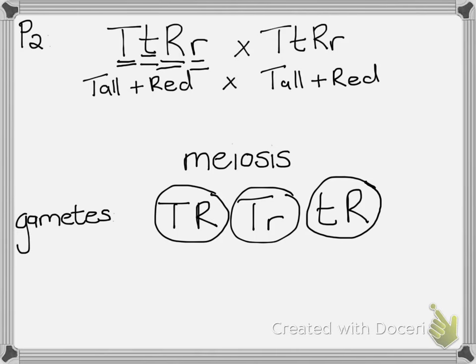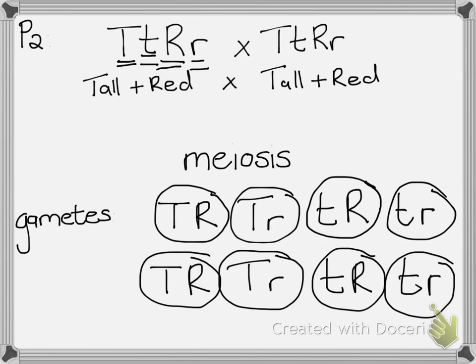Let's use the last T with the small r. So now we've done our first 4 alleles for our first parent, and if we were to do it for the second parent, then we would end with the same set of alleles because they have the same set of genes. Alright, so now I have quickly included the second set of gametes.